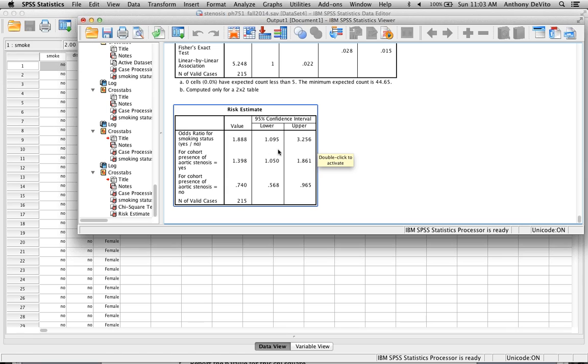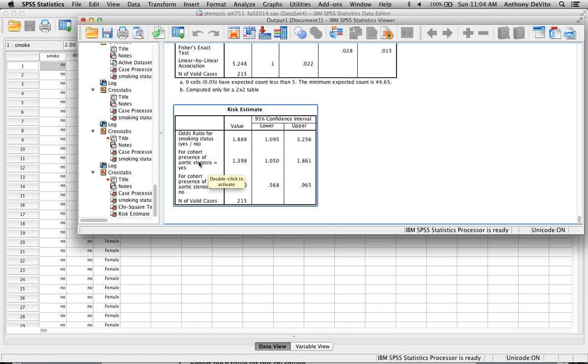Notice that our 95% confidence interval doesn't include 1. So we can be 95% certain, with less than 5% chance of being wrong, that the odds ratio is different than 1 and that there is an association between smoking and non-smoking.